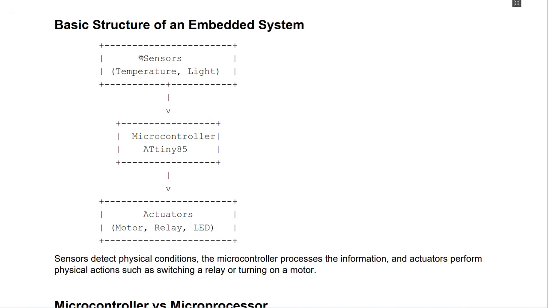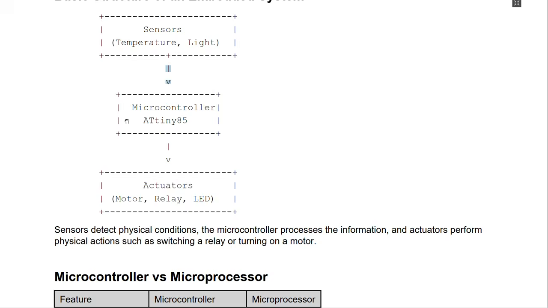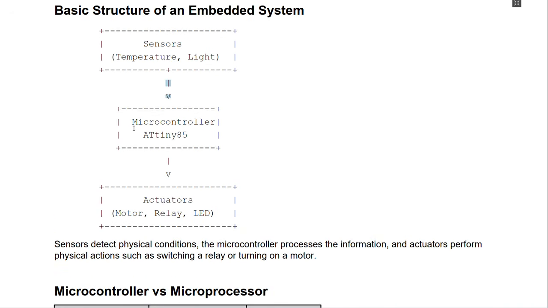What happens? So now let's say we have this block representing our sensor or sensors, like we will see in the real world. That information, that change, is being detected by a circuit called a microcontroller.